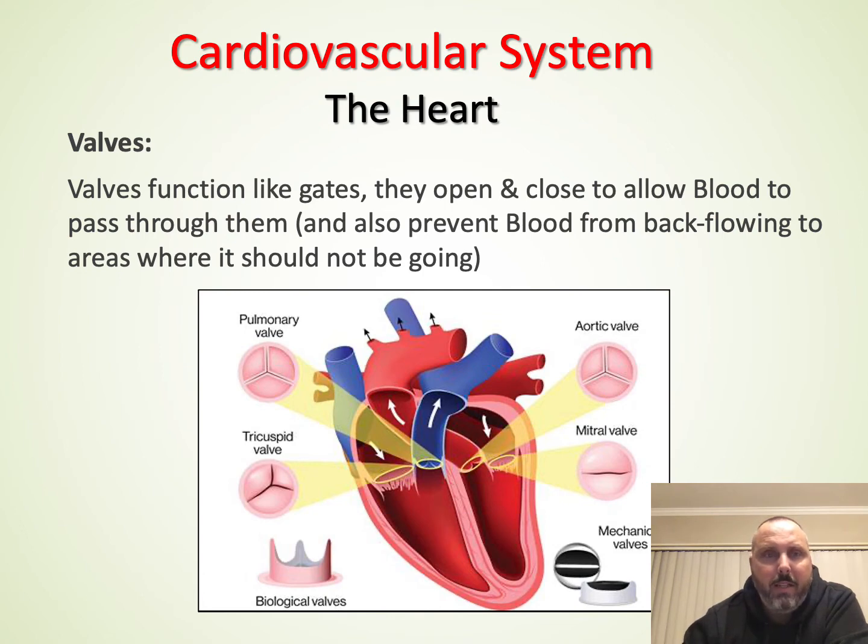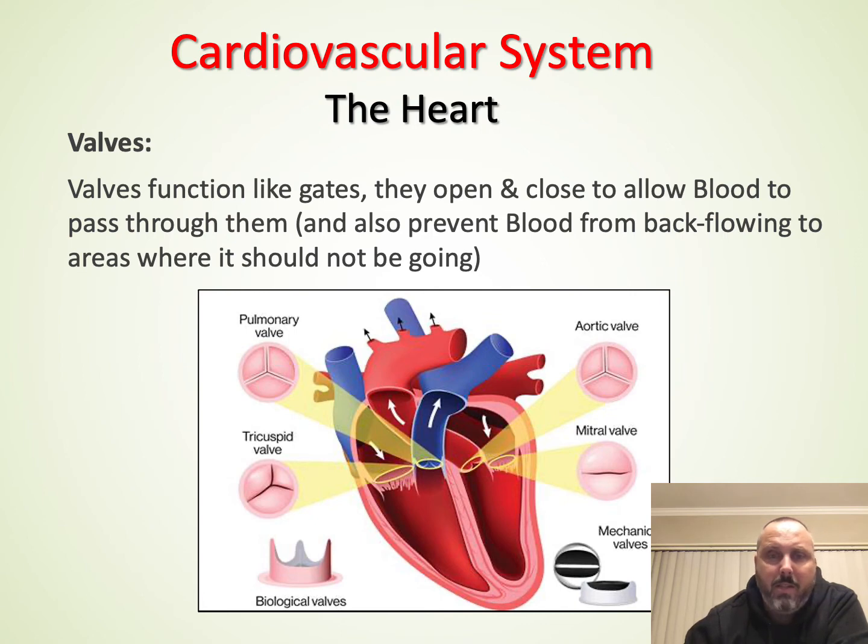Okay, so if you go back to that drawing again, hopefully you've still got it sitting next to you. What I would say is go and now add the valves in. So tricuspid and the mitral or bicuspid, also known, you could label them as atrioventricular valves, between the atria and the ventricle, left and right side. So some of these valves have multiple names.